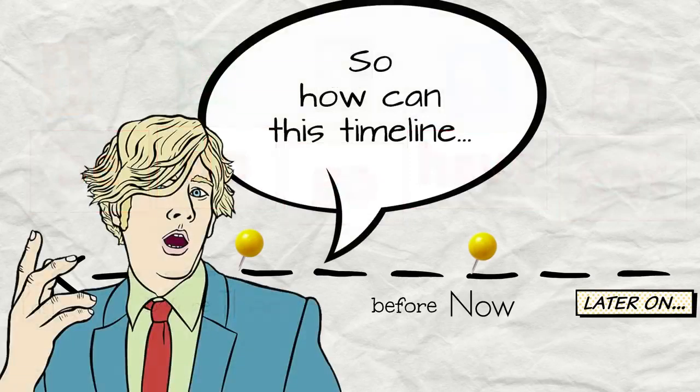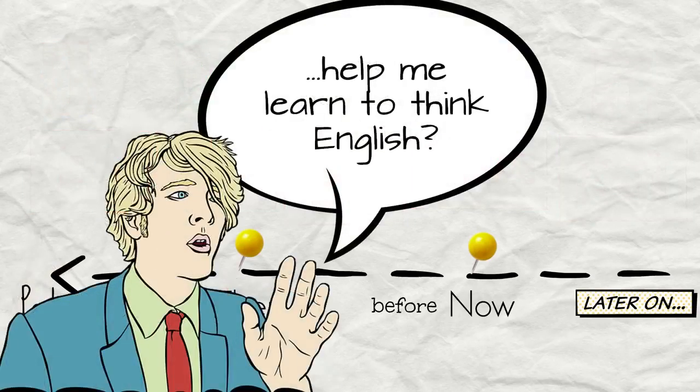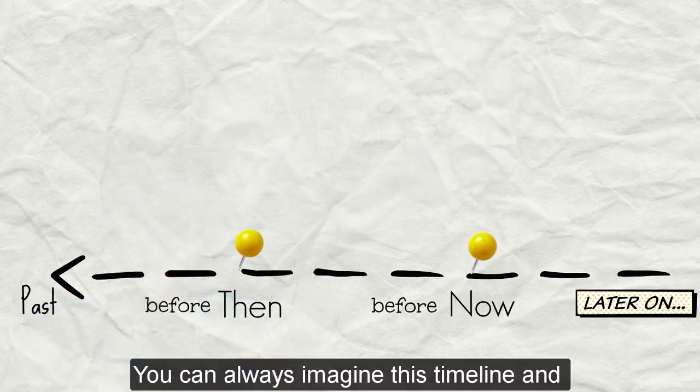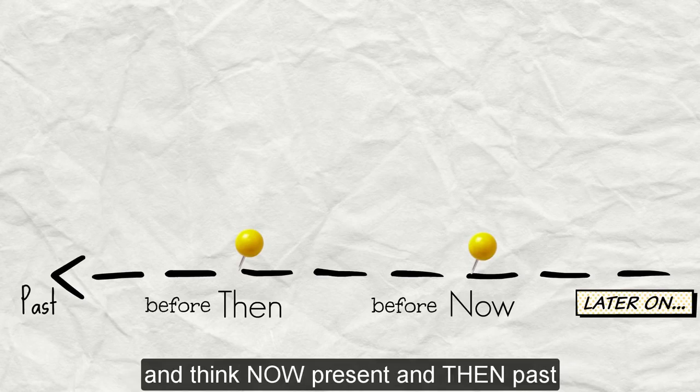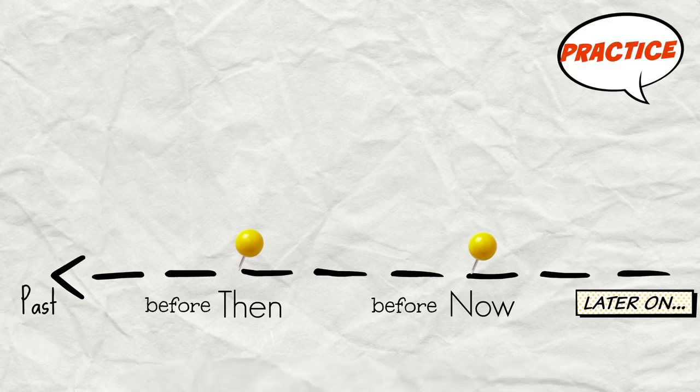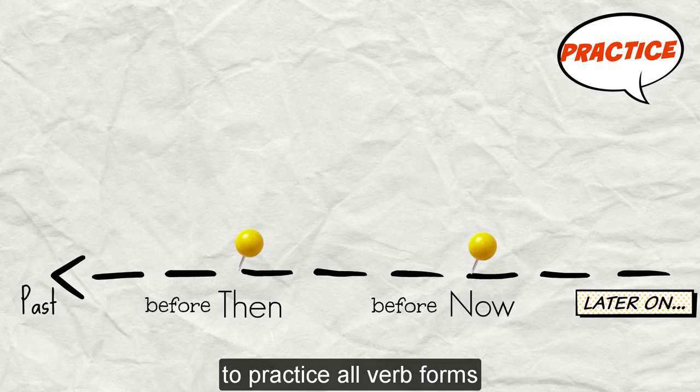So how can this timeline help me learn to think English? You can always imagine this timeline and think now, present, and then, past, to practice all verb forms.